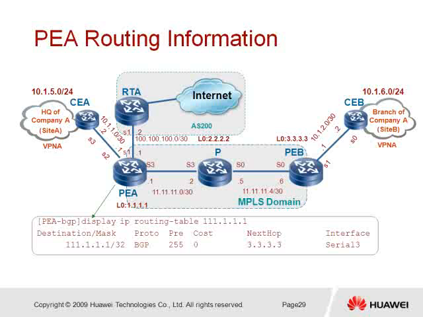On RTA, display IP routing table, RTA has also learned the route to the VPN user, whose next hop is PEA. So PEA and RTA can get to the network 111.1.1.1. The mask length is 32.